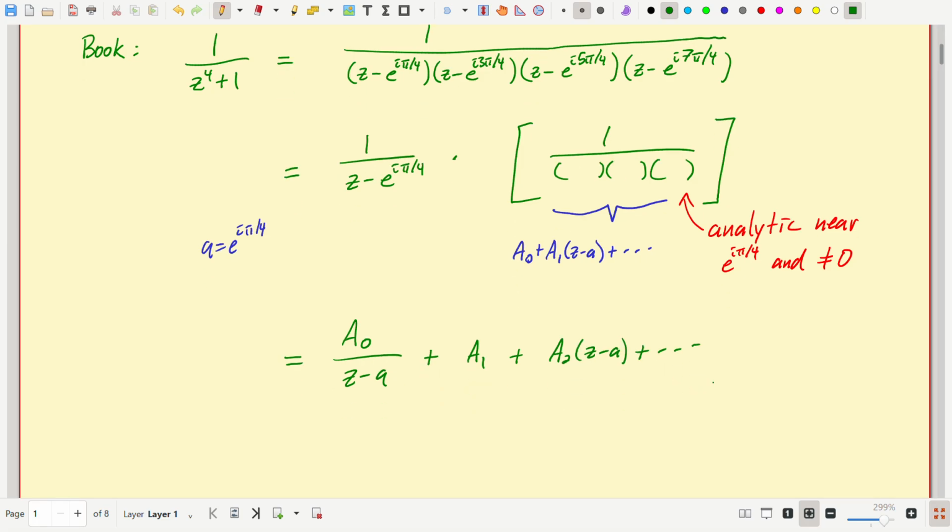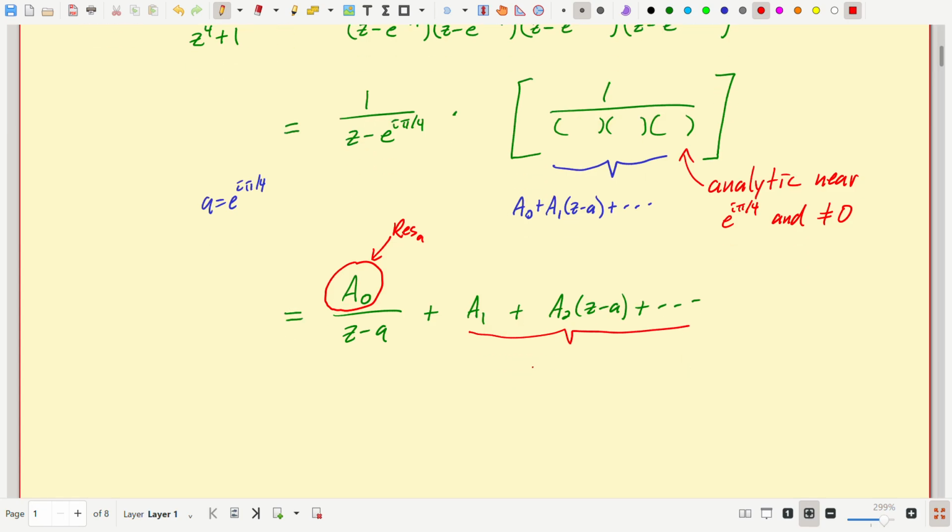And so I did this calculation before. This a naught is the residue at a. And this is a regular power series, so it's the part of the Laurent expansion we don't care about. And this part right here is what I call the principal part.